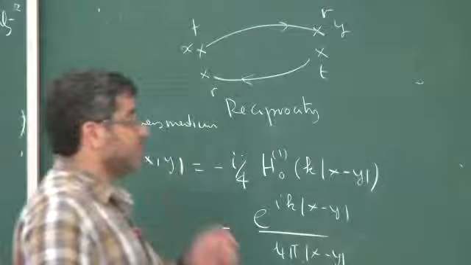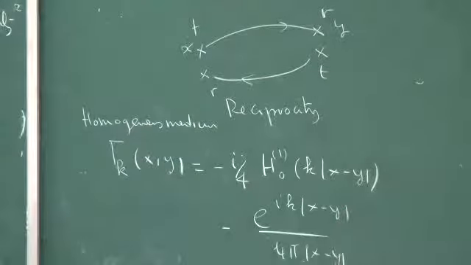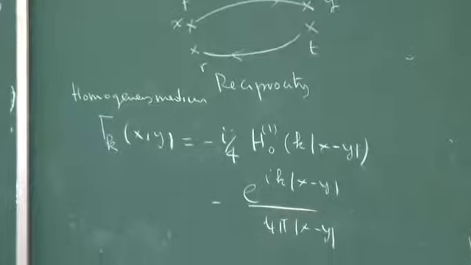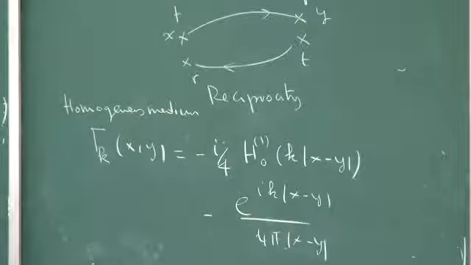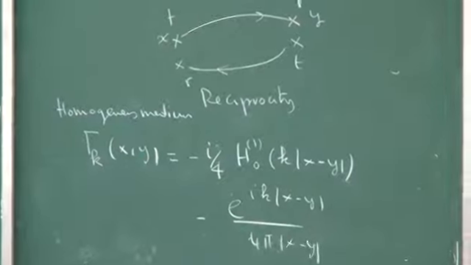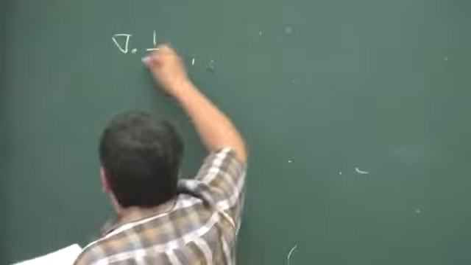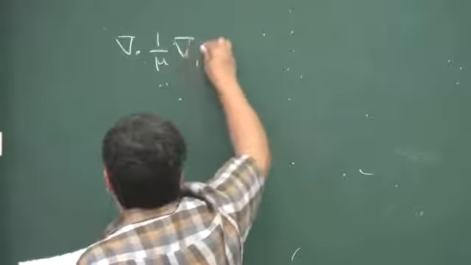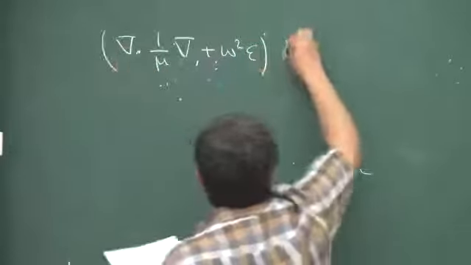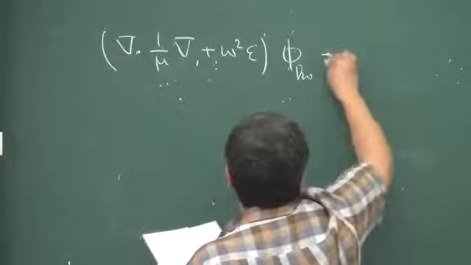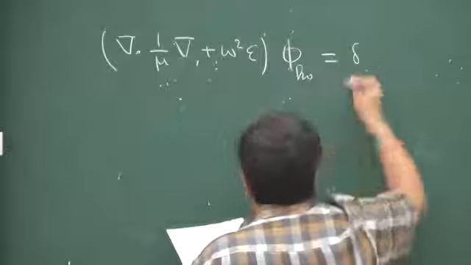In a non-homogeneous medium, maybe we have to check whether this is true or not. So we take a fundamental solution in a non-homogeneous medium: divergence of 1 over mu gradient plus omega square epsilon, applied to phi_k0, equals the Dirac mass at 0.